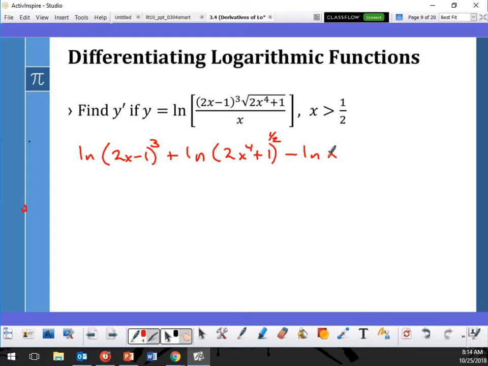Now, look at the restrictions on my domain. Why does x have to be greater than 1/2? Because the inside should not be 0. But it's more than that. Is there some place where it's going to be negative?